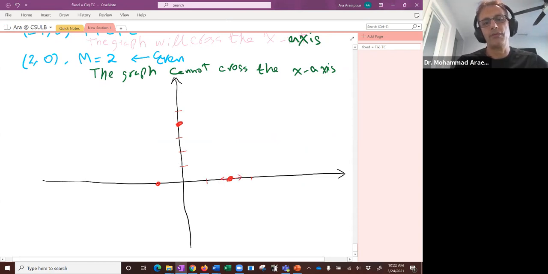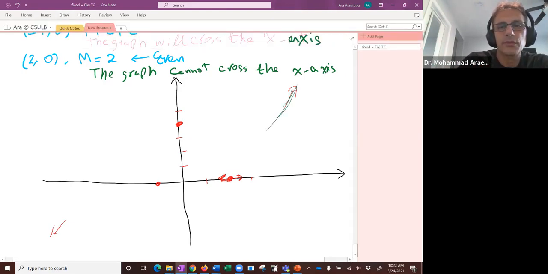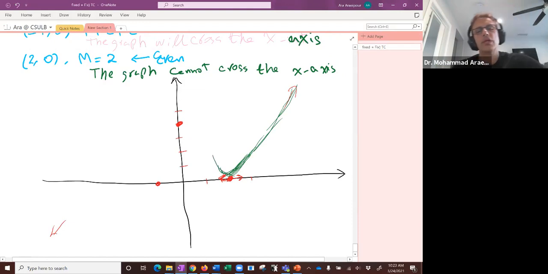We use this type of arrow in calculus, double arrow, meaning it can't cross that. And I'm going to put those 2 arrows referring to our end behavior because it starts with x cubed. So basically, the graph, if we start from here, comes down and hits this point, and it has to come back up. It can't cross the x-axis because of the even multiplicity.